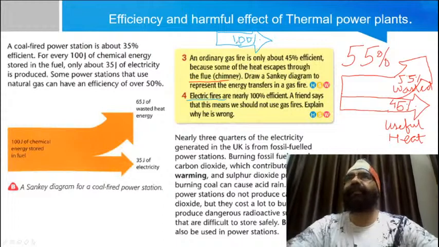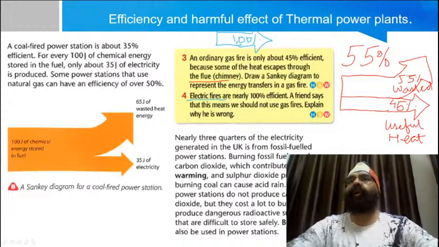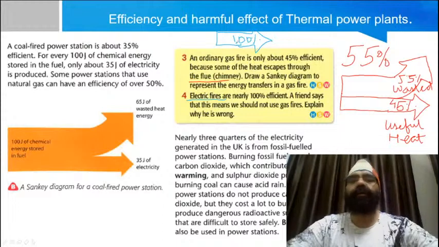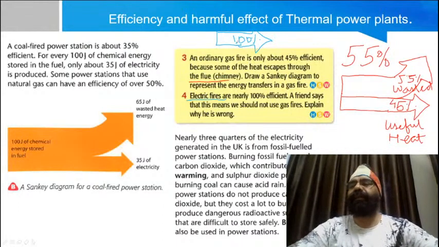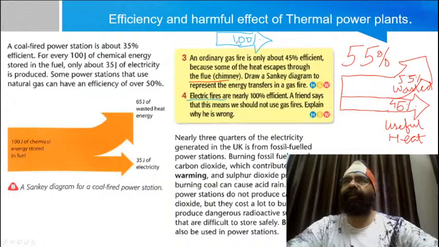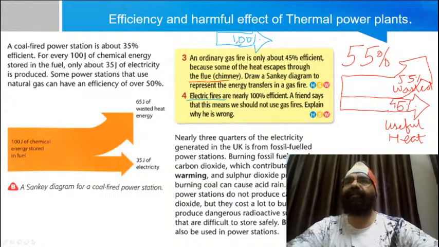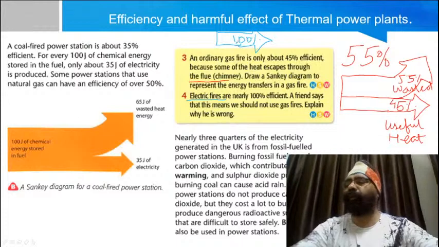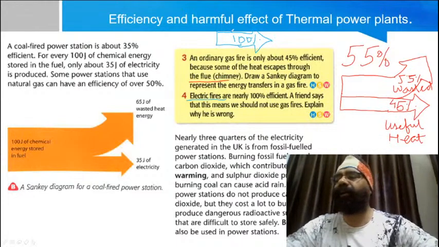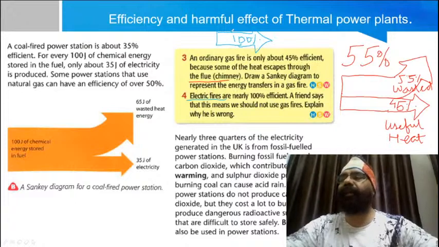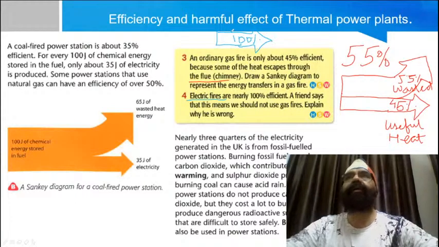But I still say no, he is wrong. How is he wrong? Why do I say that my friend is wrong? He says that electrical fire is 100% efficient. So we should always be using electrical energy instead of gas fire. But I believe that he is wrong. How is he wrong?